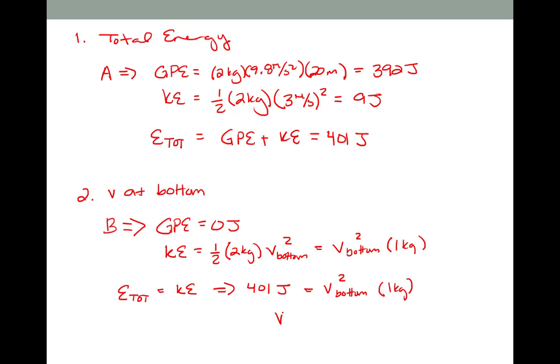So V squared is going to equal 401 meters squared per second squared, and V is going to be the square root of that, which to within round off is 20 meters per second. Remember, 20 squared is actually 400, so there are some decimal places there that are not being written to make that a true statement.